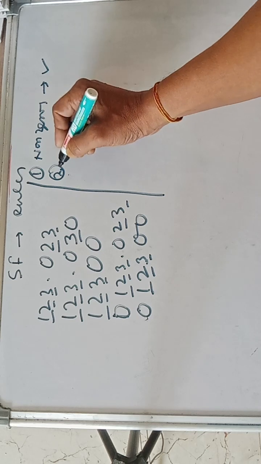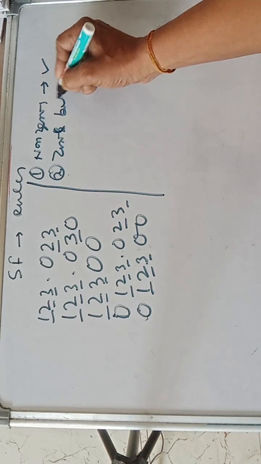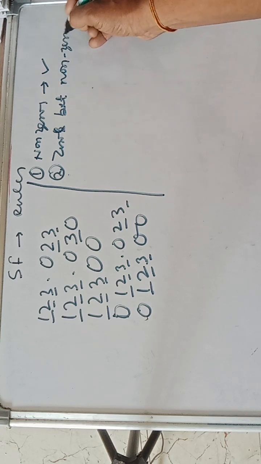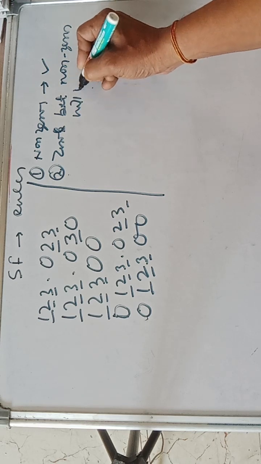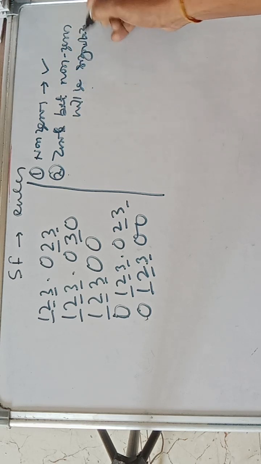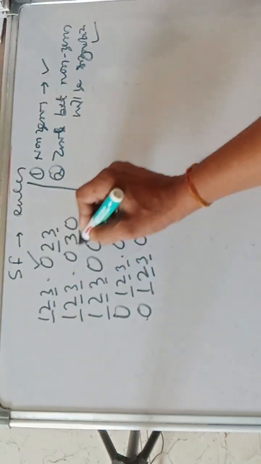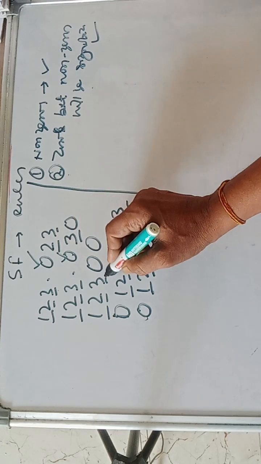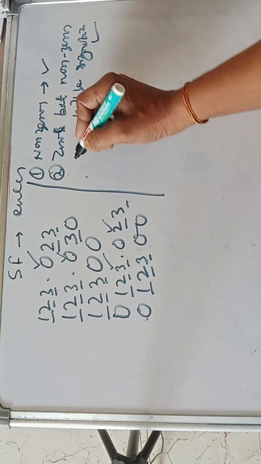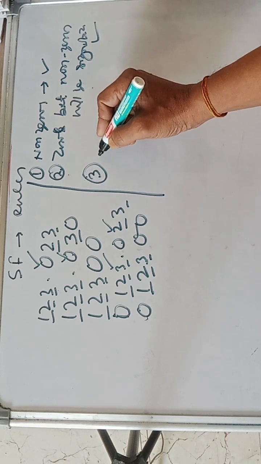Next, all zeros between non-zeros will be significant. That means this zero between two non-zeros, this zero between two non-zeros, and this zero between two non-zeros will be significant.